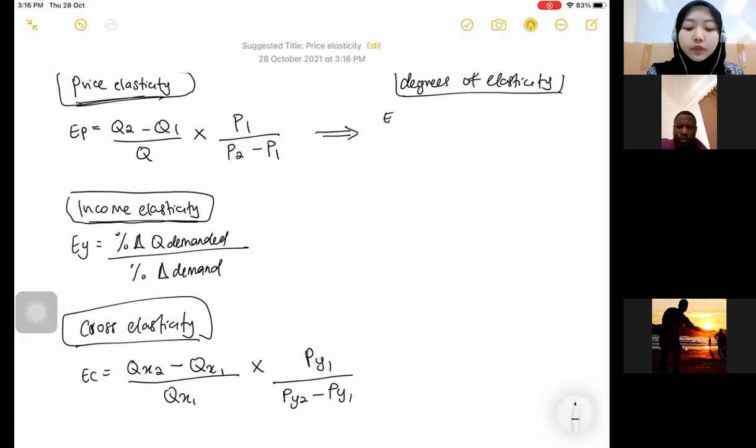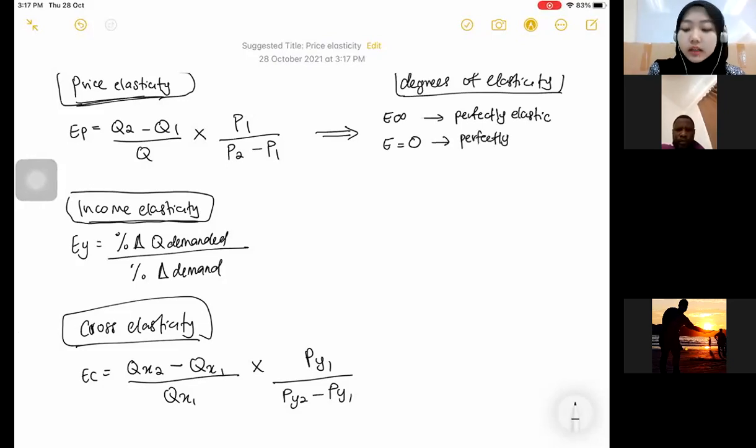If you try to solve the problem using this formula and you get an answer of infinity, this represents perfectly elastic. If you get an answer of 0, it means perfectly inelastic. If you get an answer of 1, this means unitary elastic. If the answer is more than 1, it means elastic.